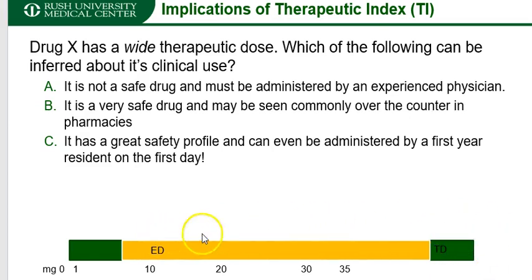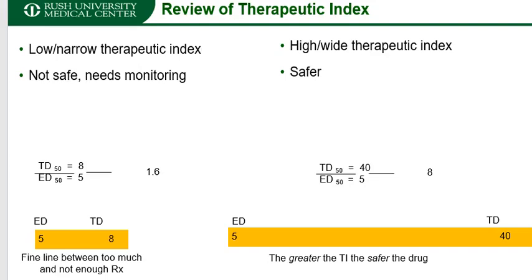Okay. And so these drugs have a wide therapeutic window, and they're quite safe. So to kind of compare, this is what the mathematical representation looks like. Drugs that have a low or a narrow therapeutic index tend to be not safe.